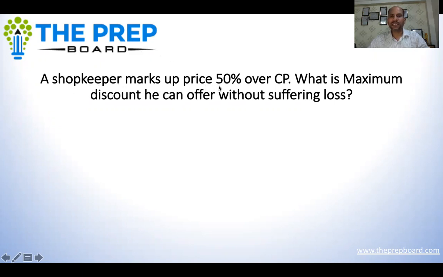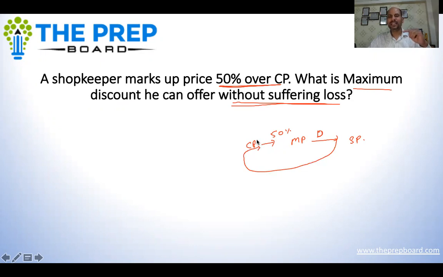Okay, let's move on to the next question. A shopkeeper marks a price 50% over CP. What is the maximum discount he can offer without suffering a loss? So what has the shopkeeper done? He has a price, which is CP. He has increased the price by 50% to reach MP. Now he is supposed to give a discount to reach the final price, which is the sales price. But the important thing is that he wants to give the maximum discount without suffering a loss. It means he'll reach back to CP.